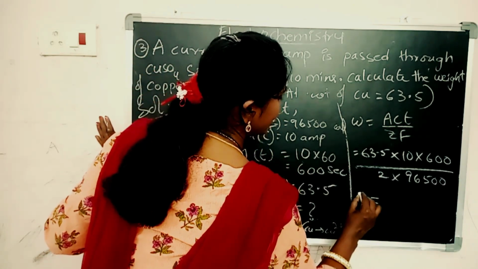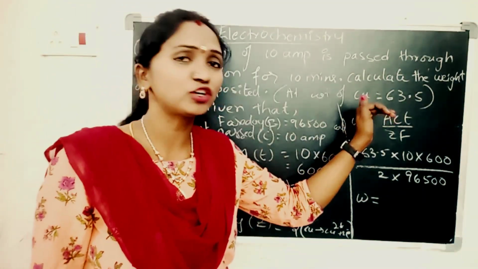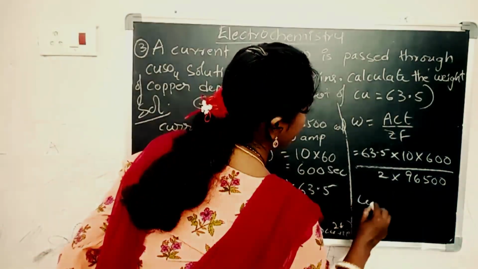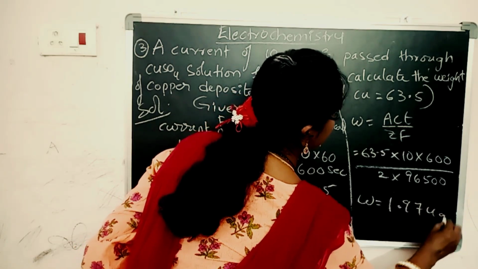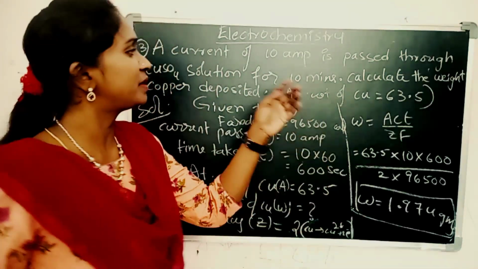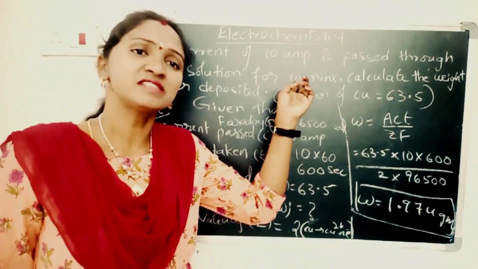Finally we get W equal to 1.974 grams. So this is the weight of the copper deposited by passing 10 amperes of current within 10 minutes.